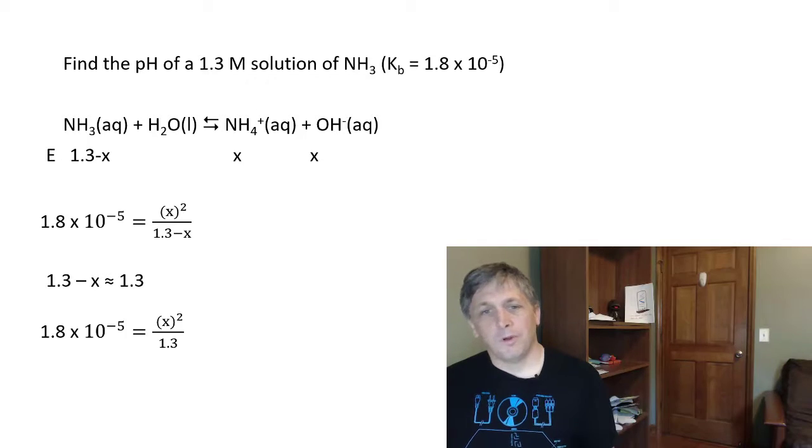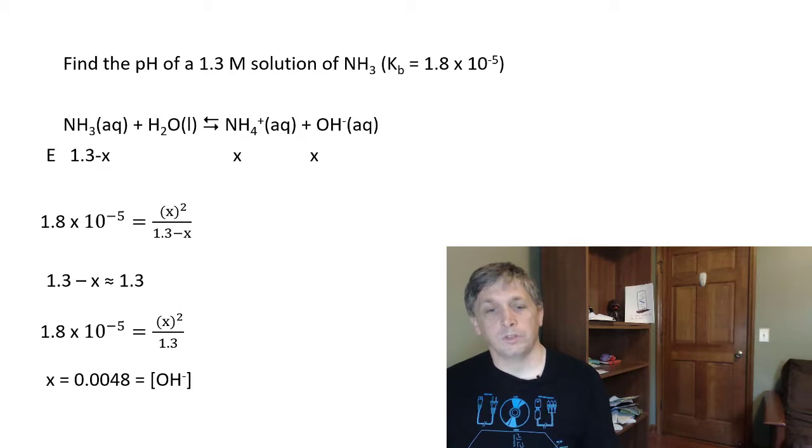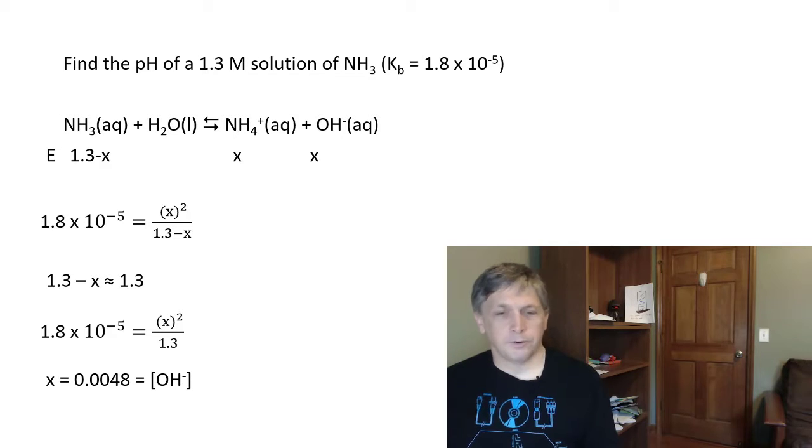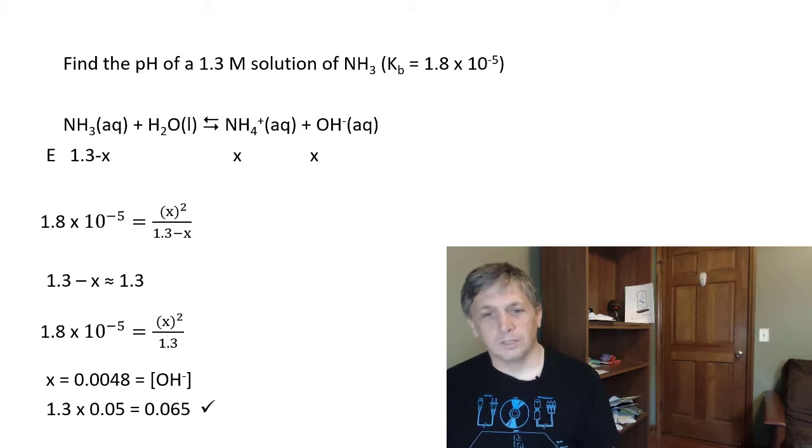So you plug 1.3 in at the bottom, then that gives you an X of 0.0048, which should be our hydroxide concentration. And like we talked about in the equilibrium chapter, it should obey the 5% rule, and it does. So again, our approximation is okay.